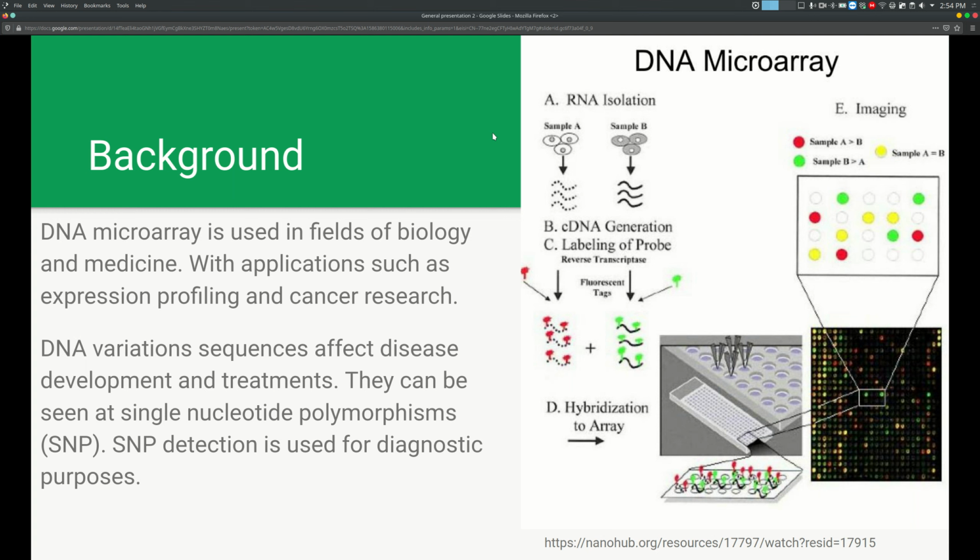The main takeaway is that they compare two samples and see if the samples are equal or different, and how different they are. That's how they compare DNAs through this microarray method.